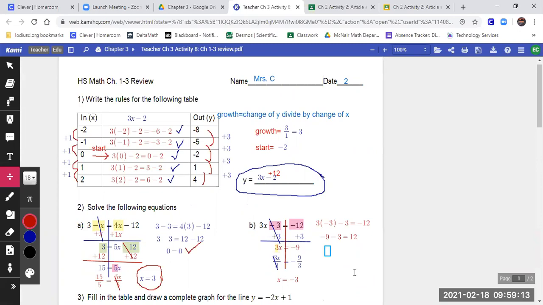So when we're adding a -9 and a -3, we're going to turn into a positive? Is that what we're going to do? That when we're adding two negatives, they become positive? When did we learn that one? Because I didn't teach you that one.